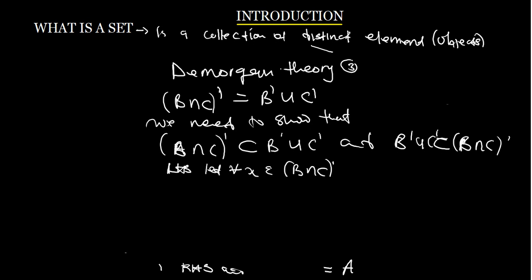So meaning that x now is not a member of, I want to remove this bracket with this complement, B intersection C. This means that x is not a member of B, and x is not a member of C. I've changed nothing here.